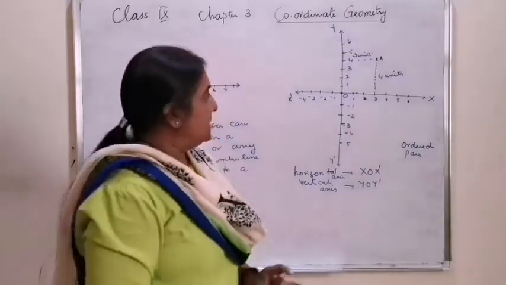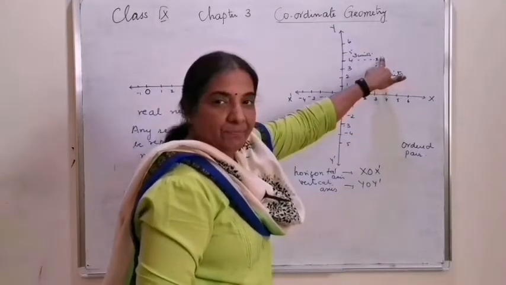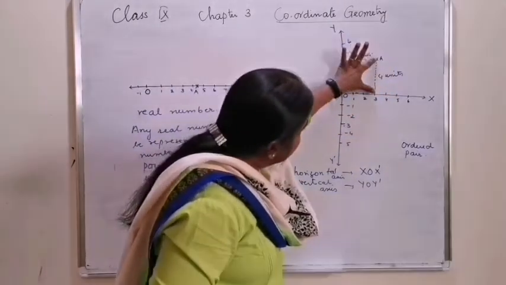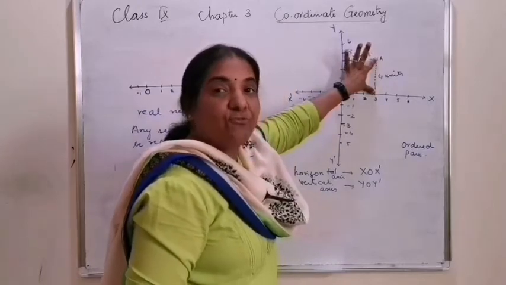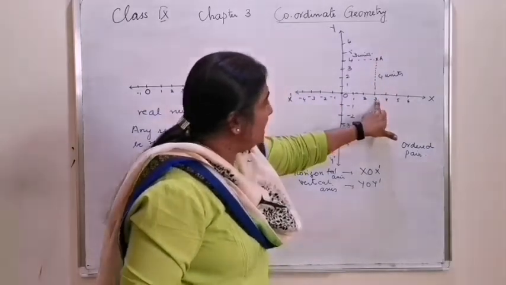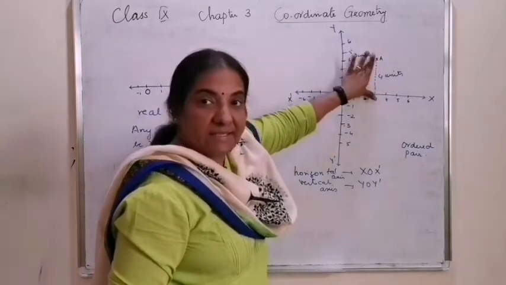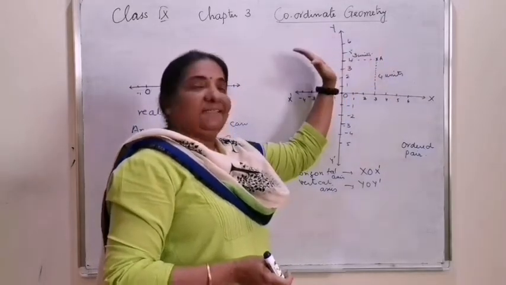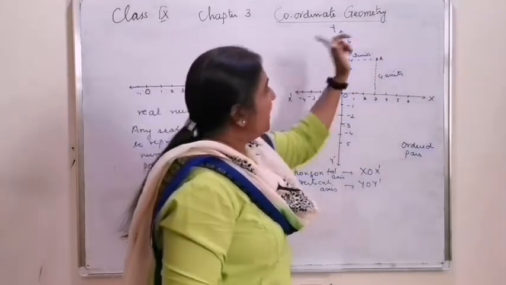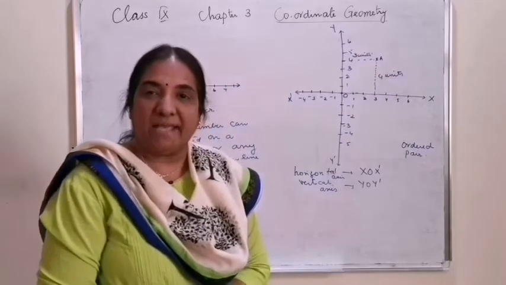That is, the point A is at a distance of 4 units from the x-axis and at a distance of 3 units from the y-axis.